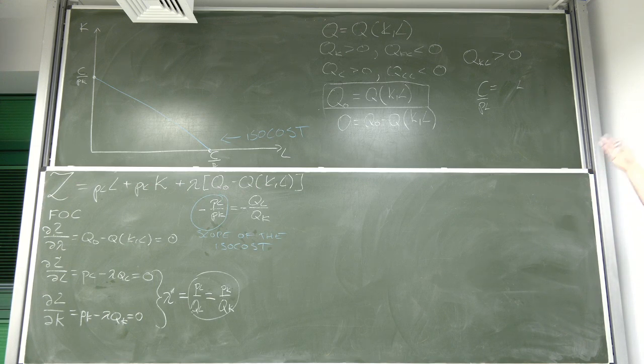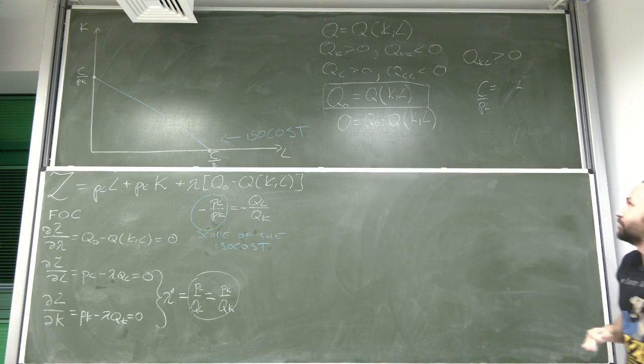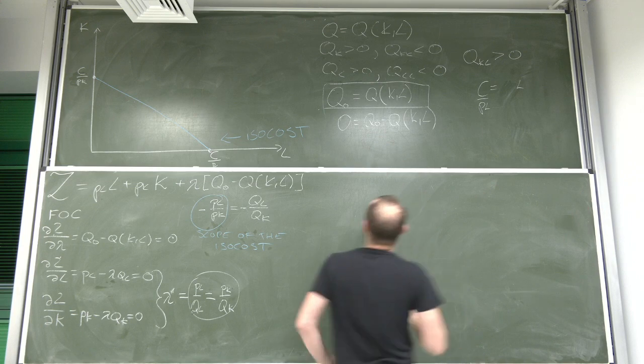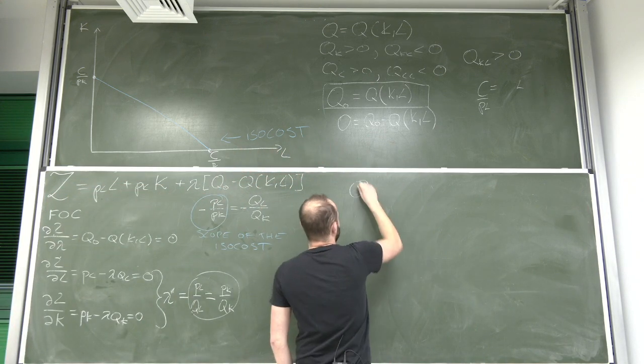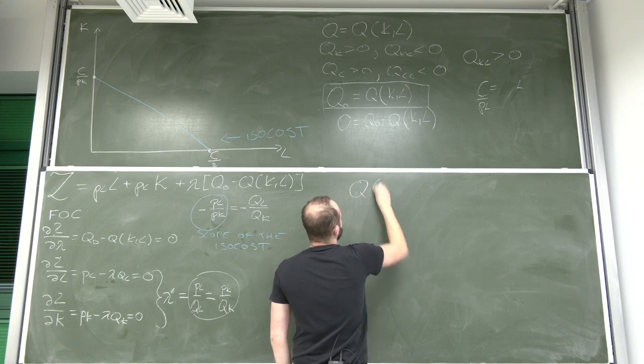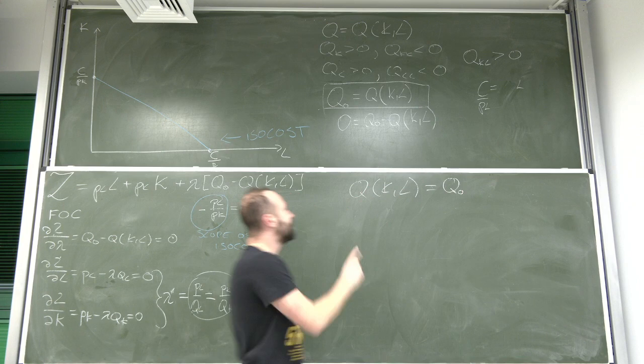However, we can always differentiate this equation to see the slope of the line that this production function is actually producing. So look, we are assuming that Q0 stays at a constant level, right? So we have some target Q0 that we need to meet.